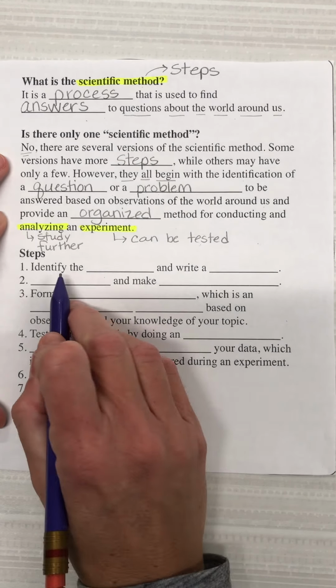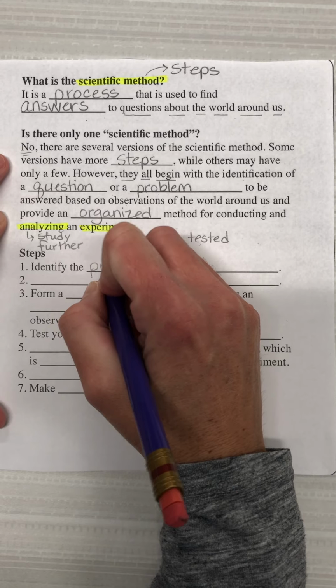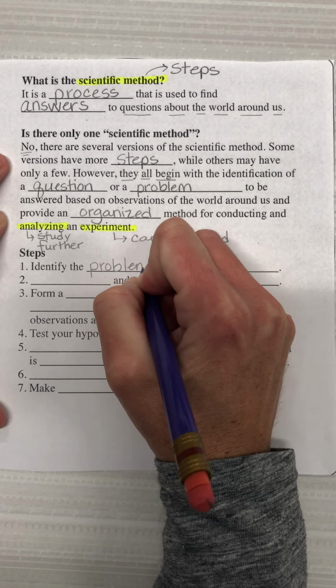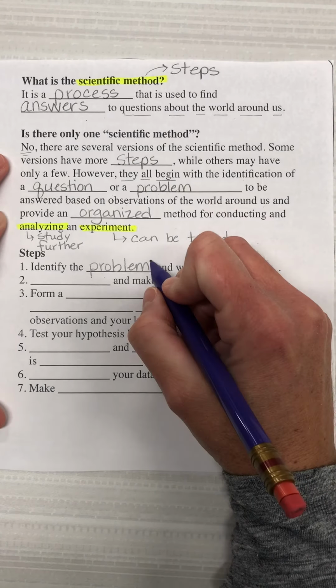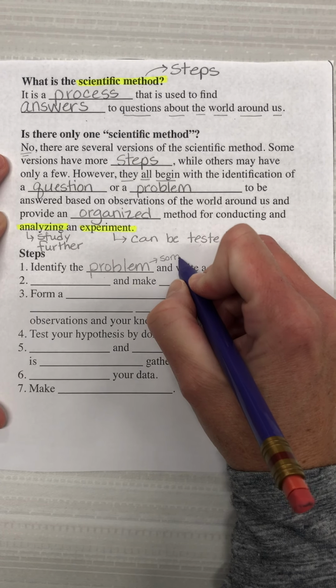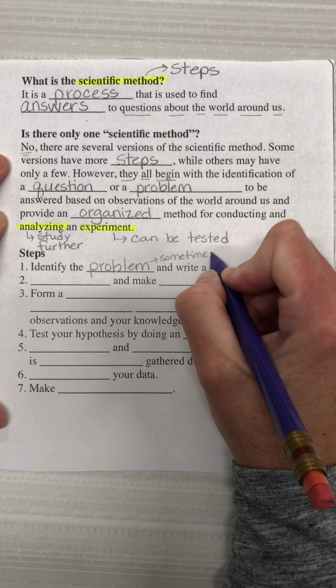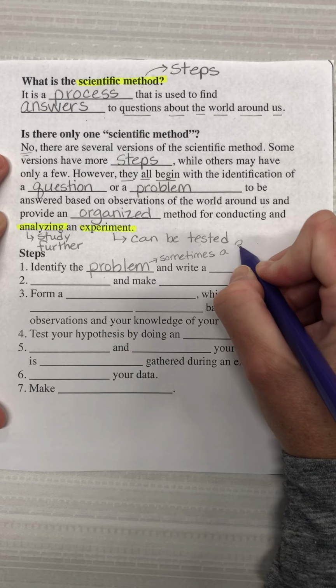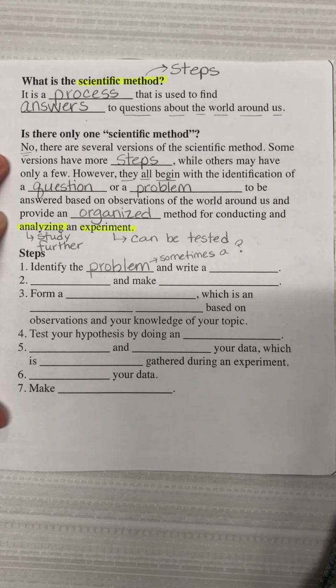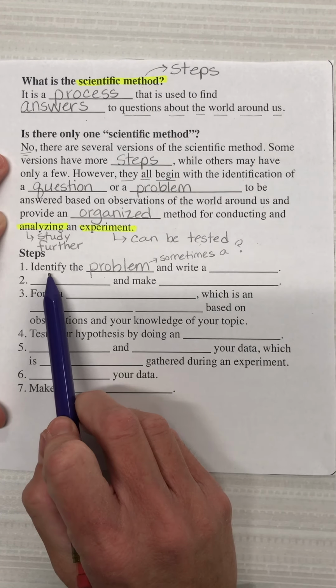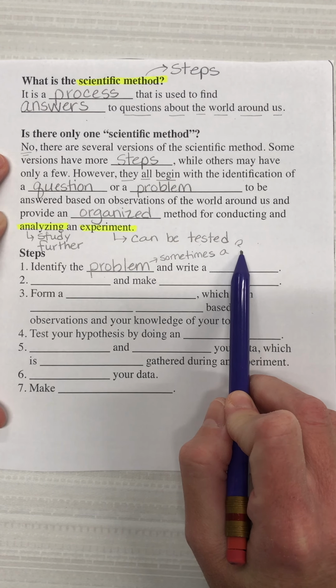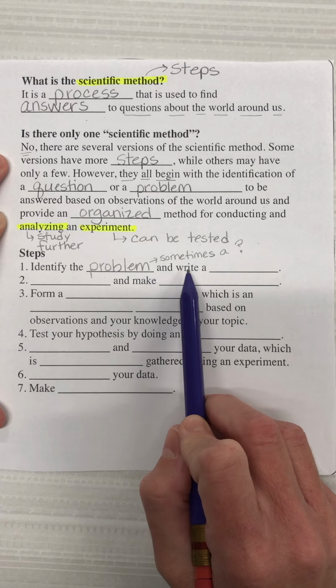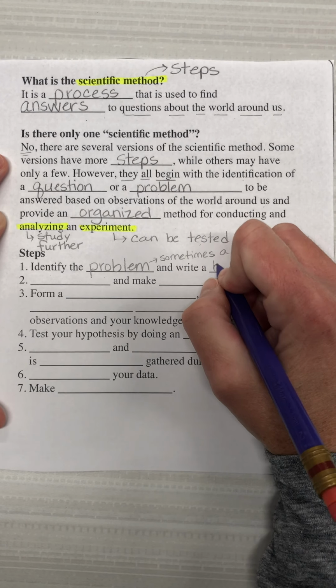Scientists always identify the problem, which is sometimes a question. So they identify the problem or ask themselves or other scientists a question, and then they write a hypothesis.